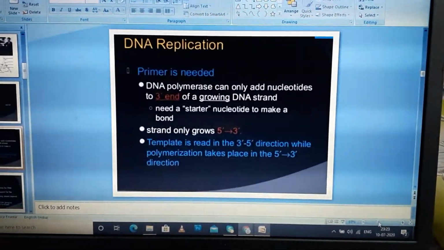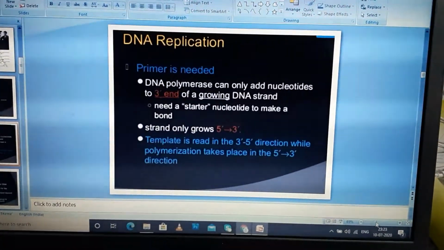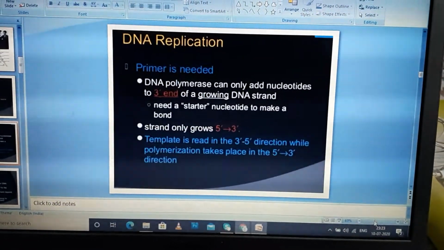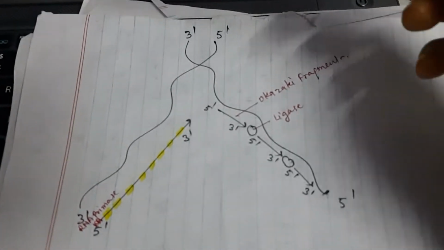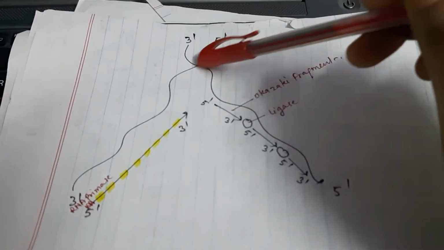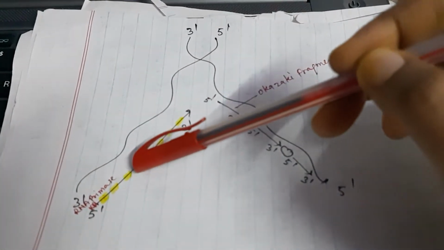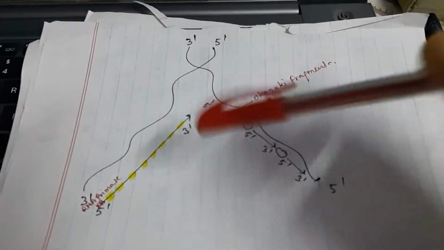For DNA replication, a primer is needed. The primer is the first basic requirement for the replication process. As you can see in this picture, this is the parent strand which gets apart, and these are the new strands which are synthesized.